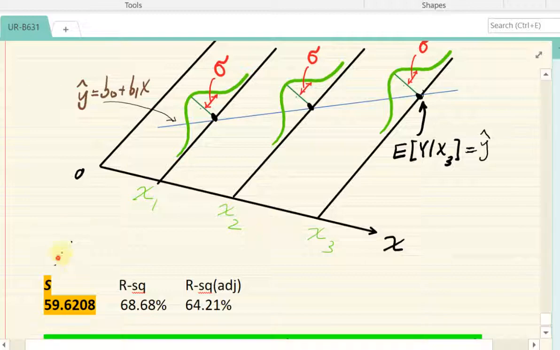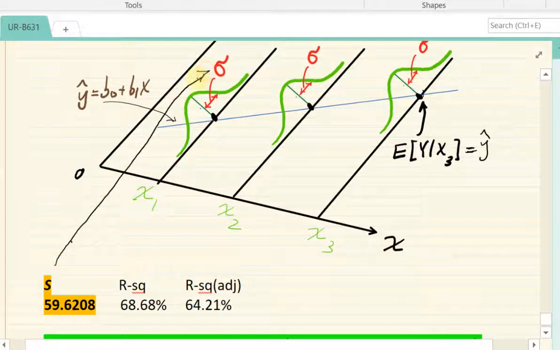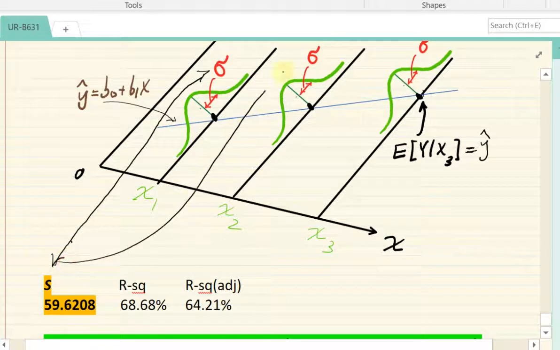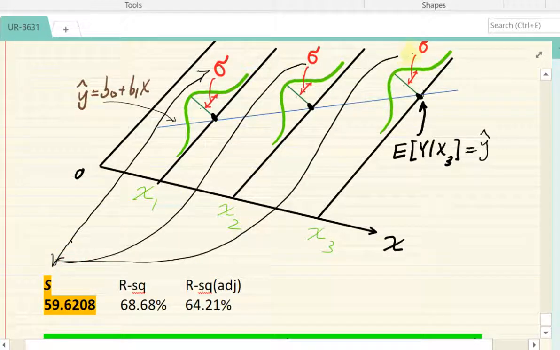You see that sigma? This is what S is. S is a sample estimate of that, and it's the same number for every level.